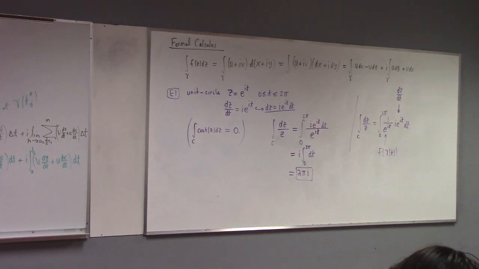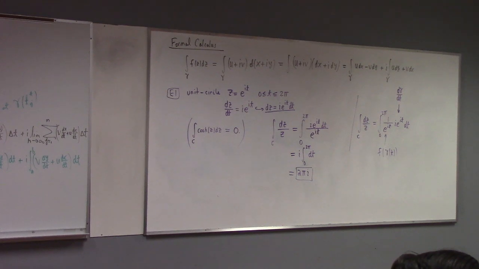It's not hard to parameterize. It's just that it would loop me into integrating, see, when I plug in z for cosh z, I'd have e to the i gamma. So I'd end up integrating e to the i times e to the i to the t.